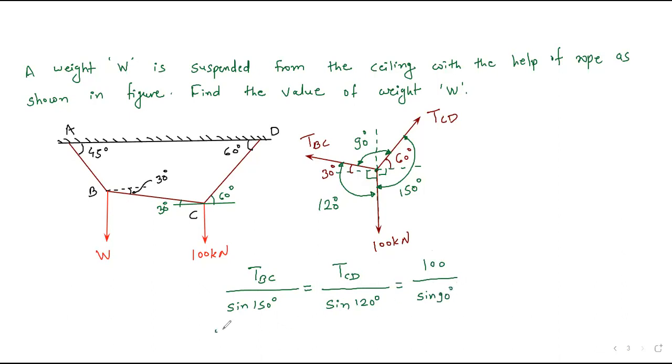If you solve this, you will get the value of TBC and TCD, the tension in string BC and the tension in string CD. Solve this and let me know the answer.